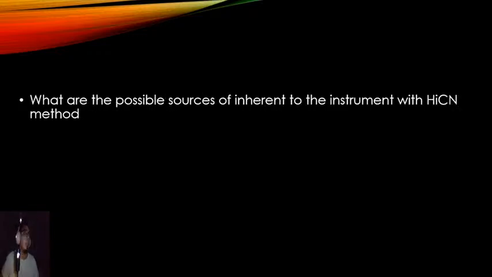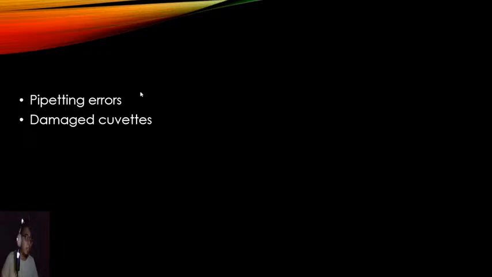Now, what are the possible sources of error inherent to the instrument? Again, this has something to do with the precision of the results. Pipetting errors are included. Maybe your pipettes aren't calibrated and they are not pipetting the exact amount indicated on the volume or the graduation.